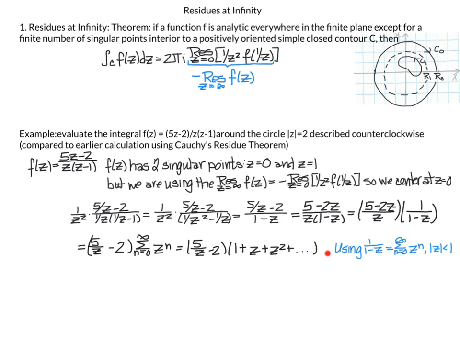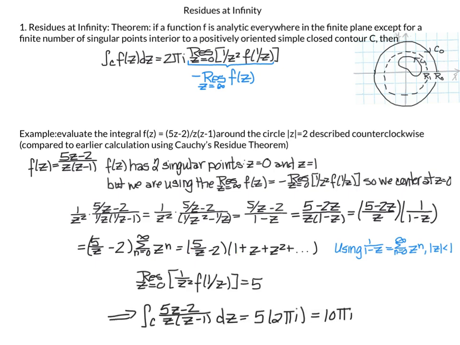So none of this is going to contribute to my residue. Similarly, when I multiply negative 2 by this series, I'm not going to get anything with a z to the minus 1 power. So 5 over z times 1 is the only term that contributes to the residue. And the coefficient of that residue is equal to 5.